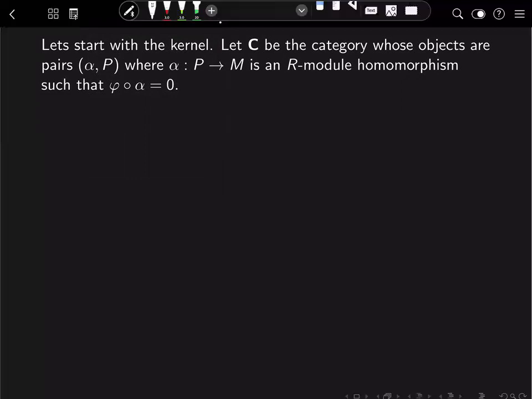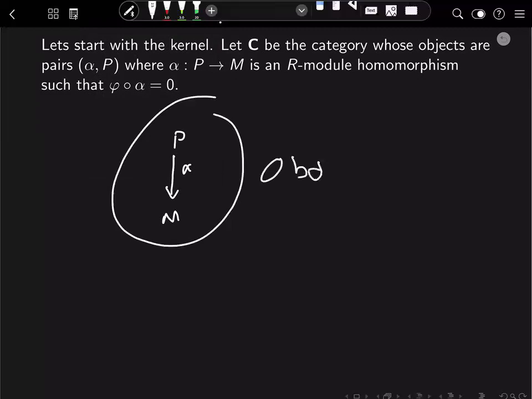So we have P, and we have M, and we have alpha that maps P into M. These are our objects in C.